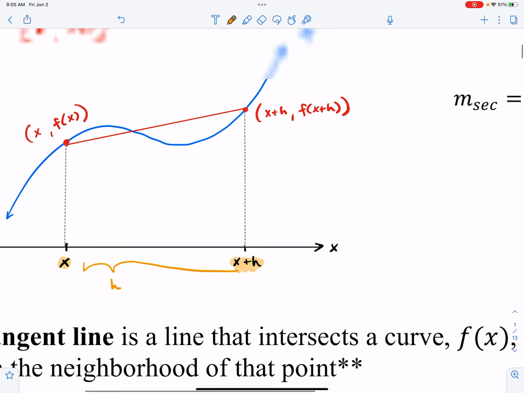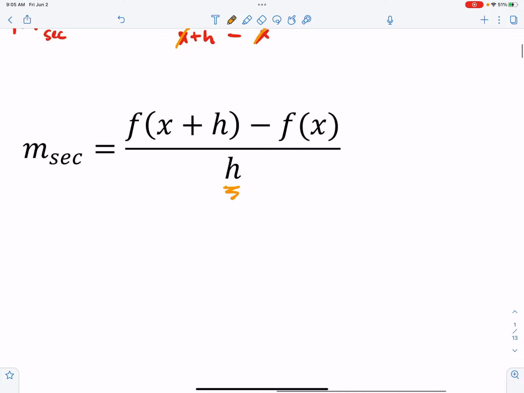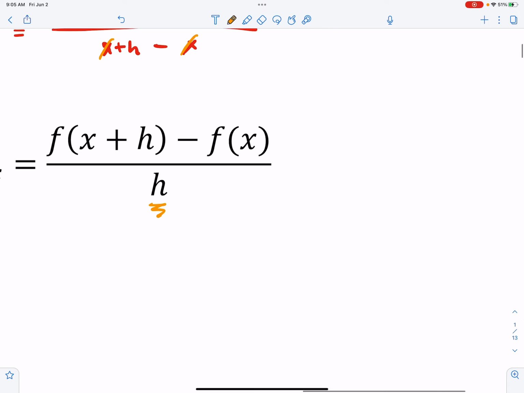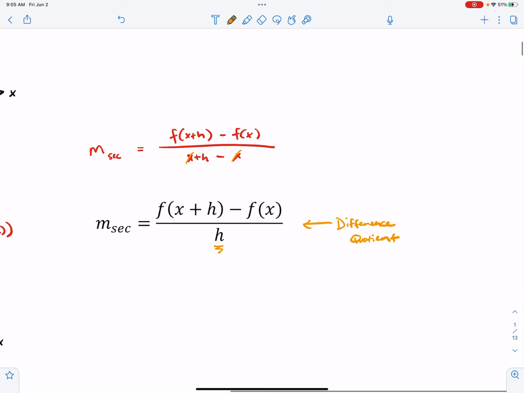So if you know the length of the interval, then you could plug in what h is. This is referred to as the difference quotient. And every function has its own difference quotient that you can use like a formula to calculate slope.